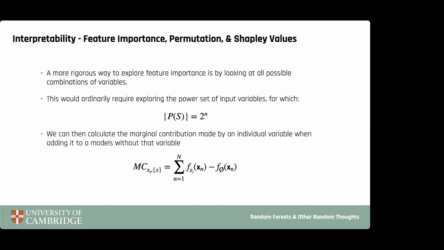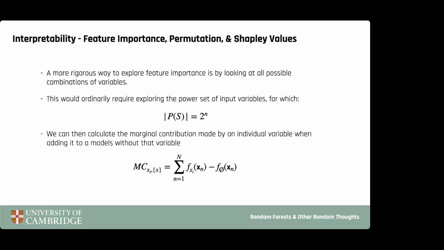I'd have no input variables, input variable A as a model, input variable B as a model, and input variables A and B together as a model. And you basically want to explore all of those simultaneously, because then you can find out what each variable is adding on to the other models, with and without it.